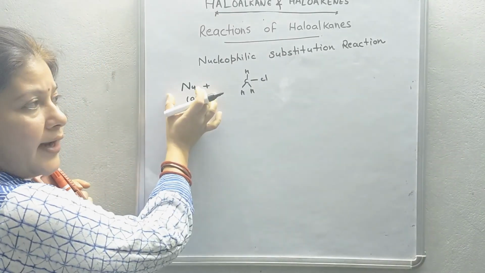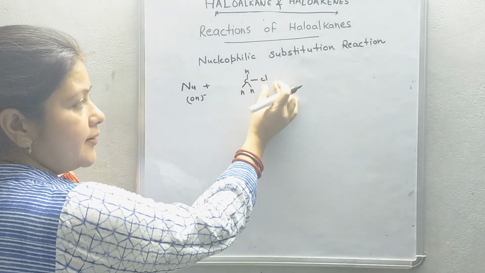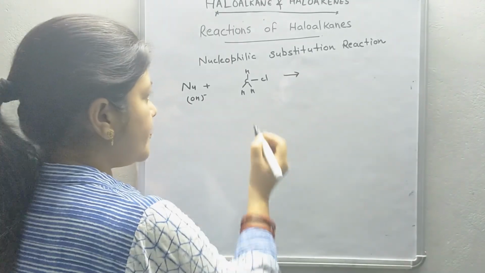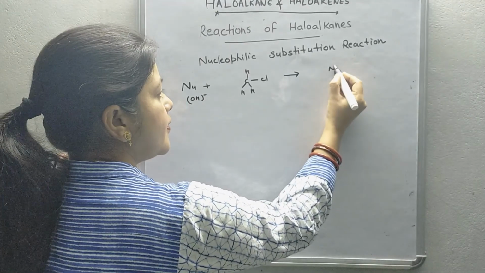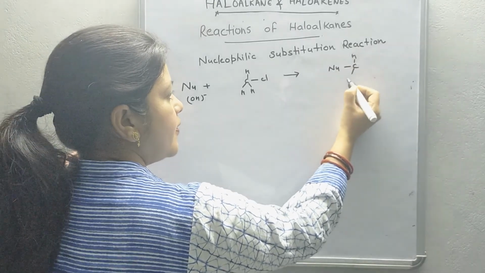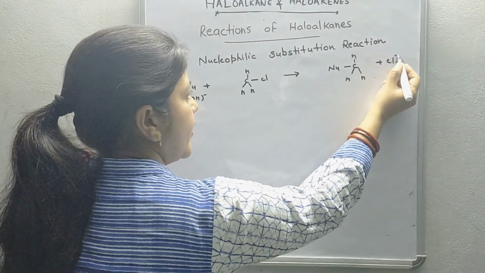This nucleophile species substitutes the halogen atom as an ion and the product is formed. And the leaving group is chloride ion.